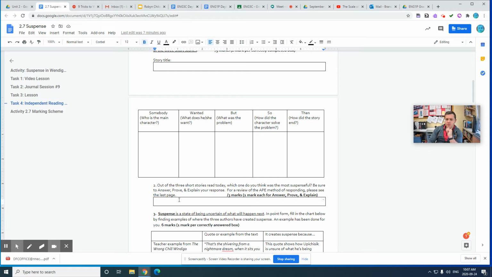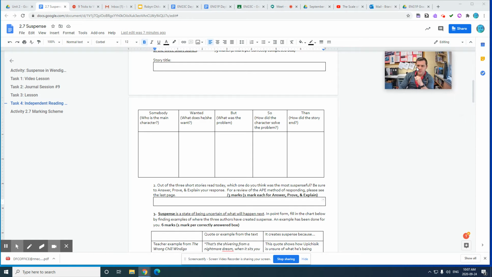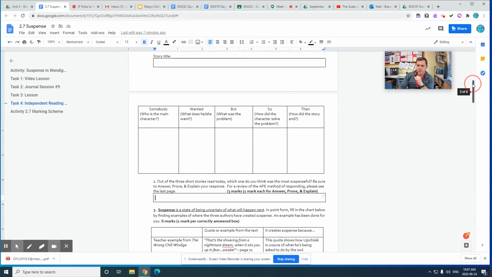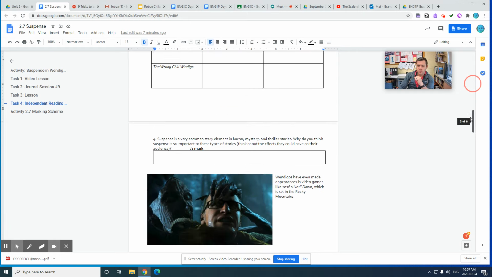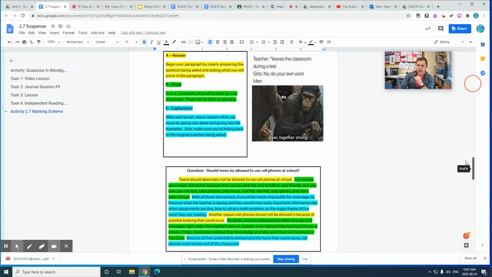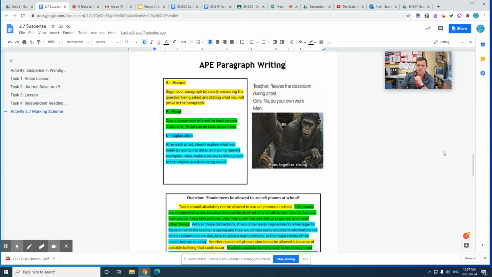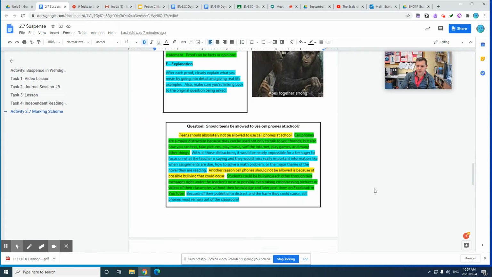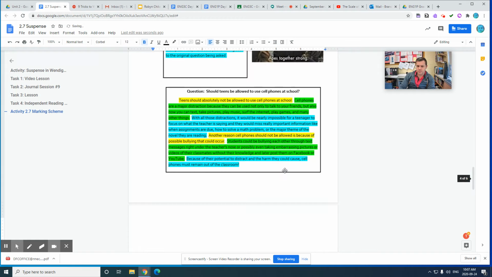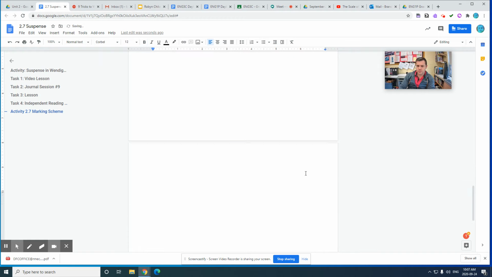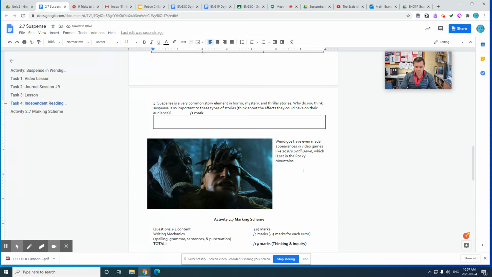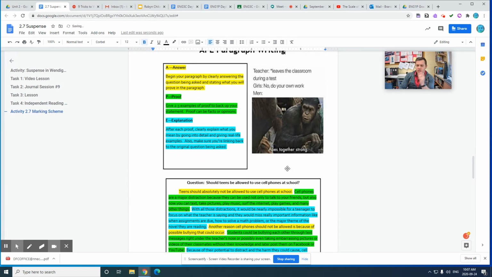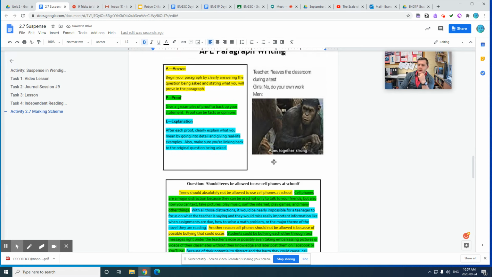Question 2 is, which story do you think was most suspenseful? And be sure to answer, prove, and explain your response. So this is a little review from Unit 1. So if you're not sure what answer, prove, explain, or ape writing is, check out the last page of this document. Oop, accidentally deleted it. There we go. So yeah, check out this page about ape writing.